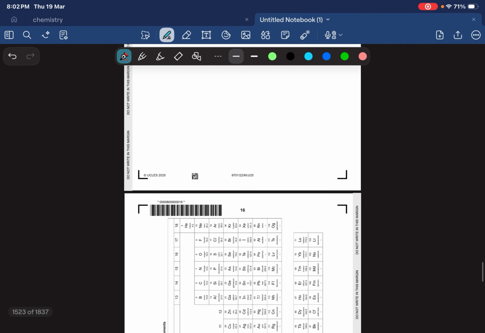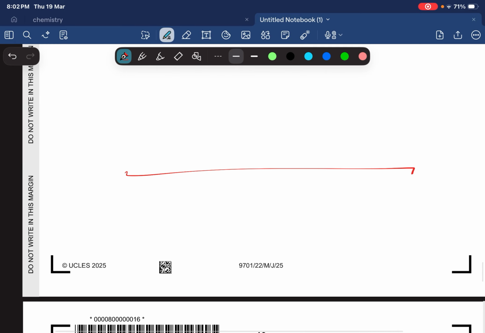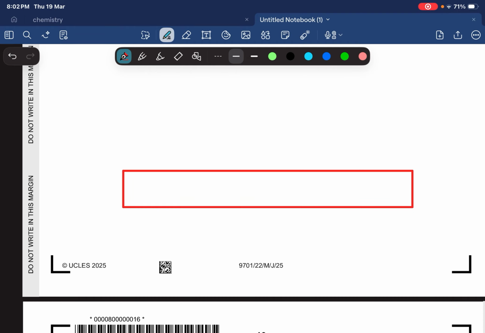So iron has the d subshell, which is going to have 5 orbitals, 1, 2, 3, 4 and 5. It has 6 electrons, 1, 2, 3, 4, 5 and 6.